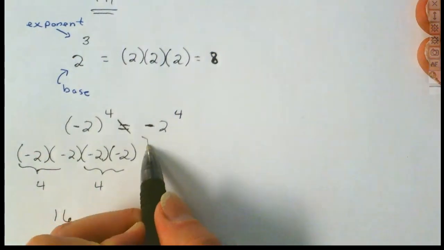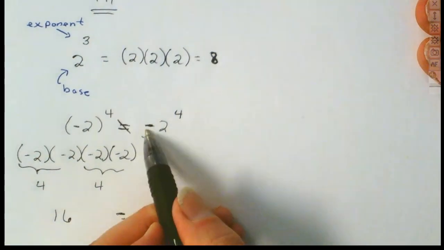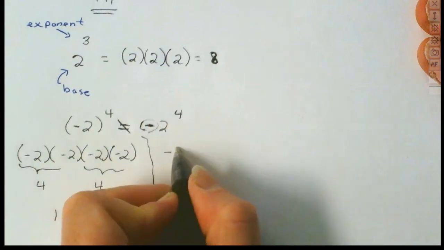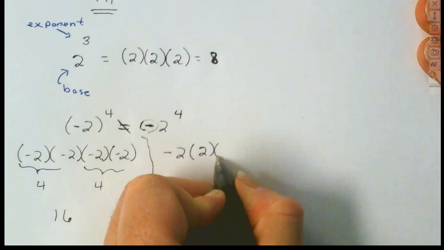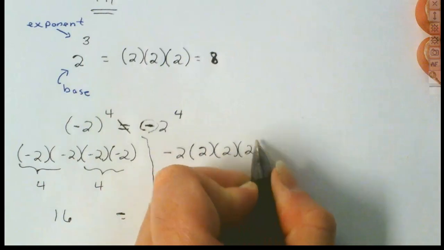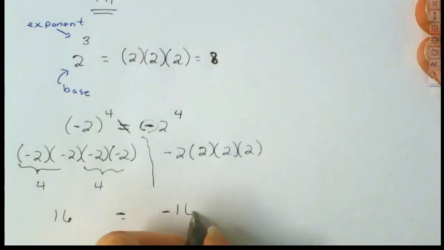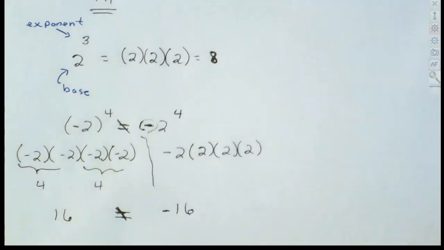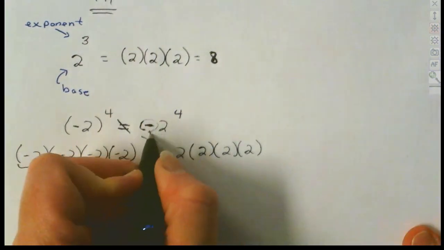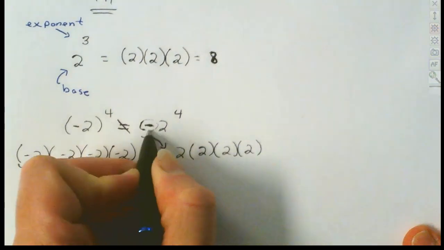Now, what about the other side? The negative is out in front, so that negative comes down, and that is just 2 times 2 times 2 times 2, which is then a negative 16, and you see how they're different, right? So you have to be very, very careful with the parentheses. If you have the parentheses, you write it out.